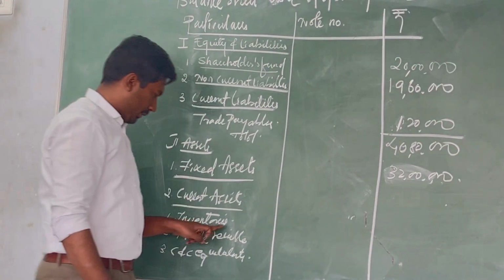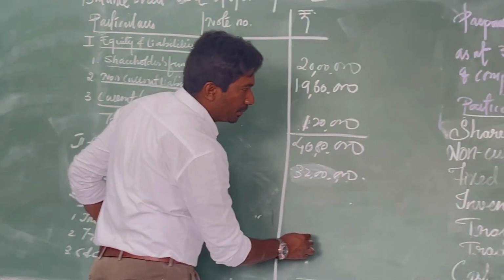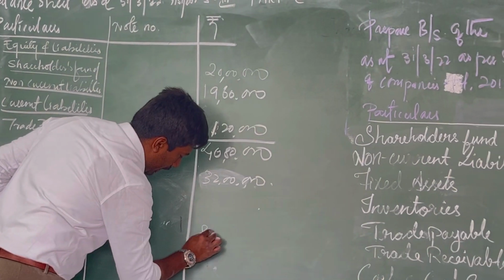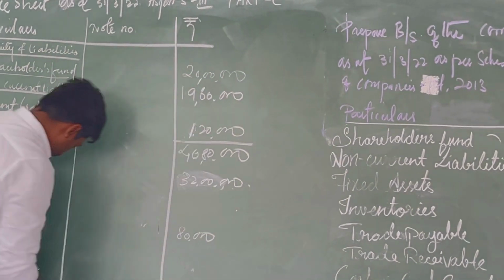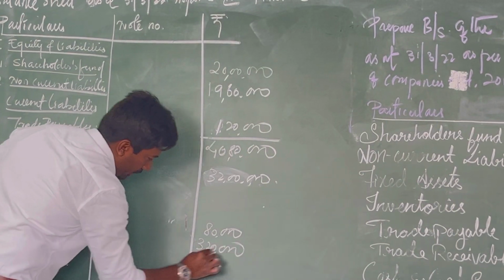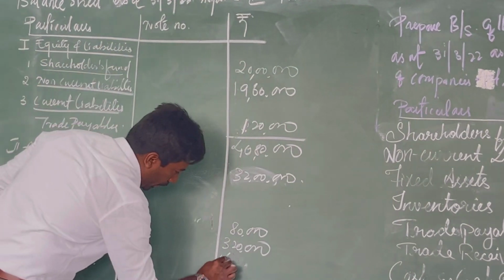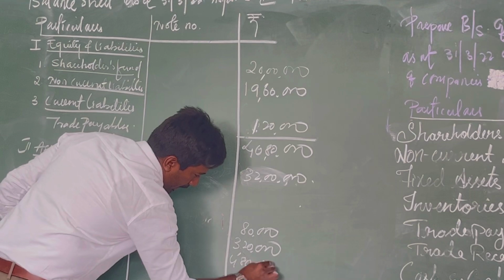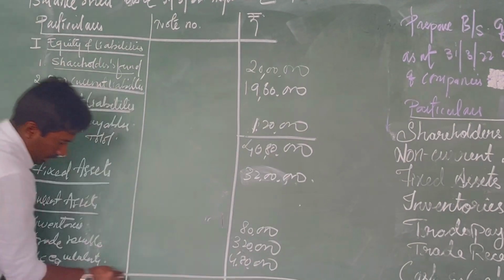Amount: inventory is how much? 80,000. 80,000, 3 lakh 20,000, 4 lakh 80,000.